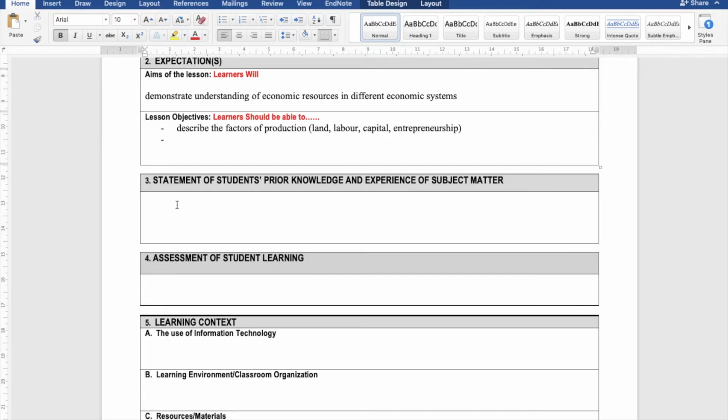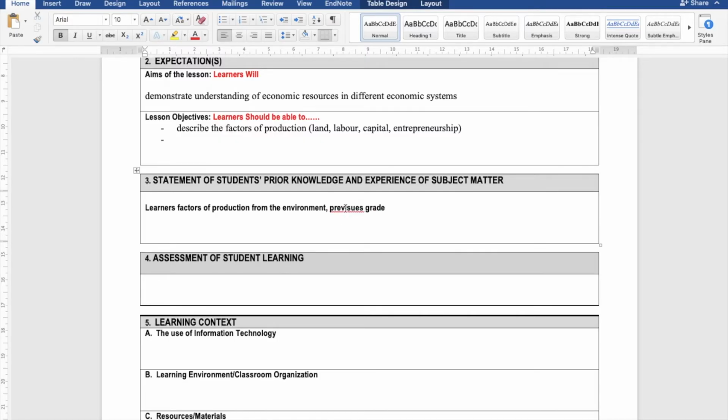All right, so now, describe the factors of production, land, labor. So what do you think learners already know? All right, then you just write, learners know factors of production around them, factors of production from the environment, or from the previous grade, or whatever.